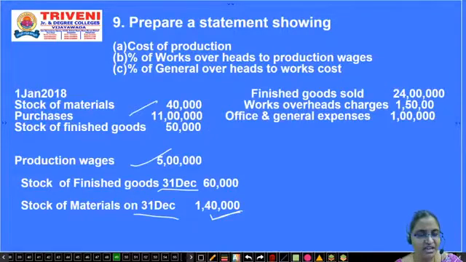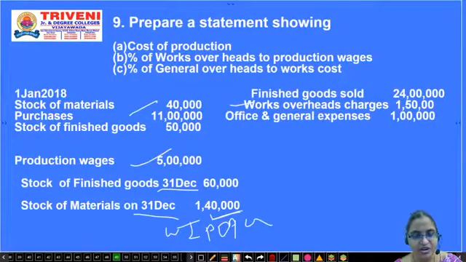After that the heading factory overheads. In that heading you take the works overhead charges, 1,50,000. You get the gross work cost. Opening work in progress was not given in the problem, so there was no opening balance and closing balance, so the same amount was carried forward as the net work cost.